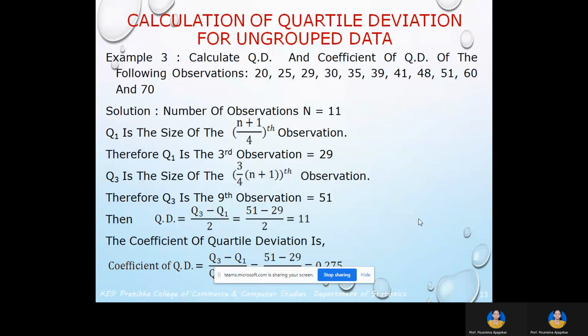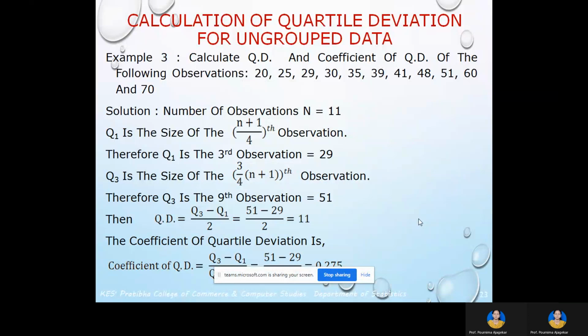Here the total number of observations is 11. Now Q1, that is first quartile, will be the value of the (n plus 1) by 4th observation. So Q1 will be the value of the (11 plus 1) by 4th observation, that is 12 by 4, that is the third observation, which is 29.